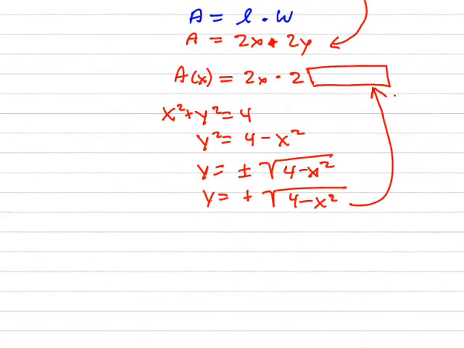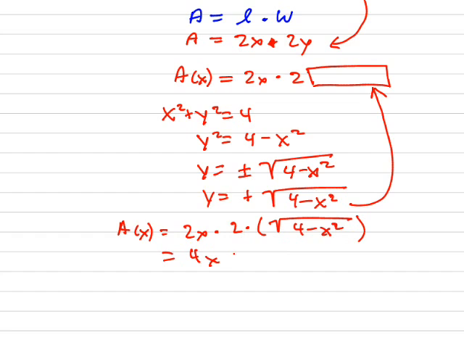That's what's going to go inside the box. Okay, so let's go ahead and rewrite our area. A of x equals 2x times 2 times this y, which is the square root of 4 minus x squared. And since this is all multiplication here, we can bring this out, and it would be 4x times the square root of 4 minus x squared.